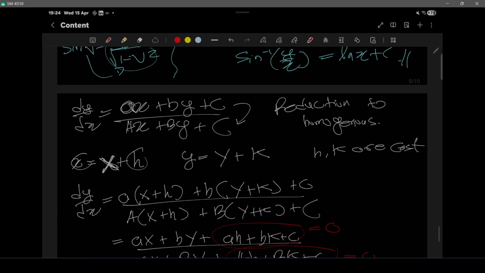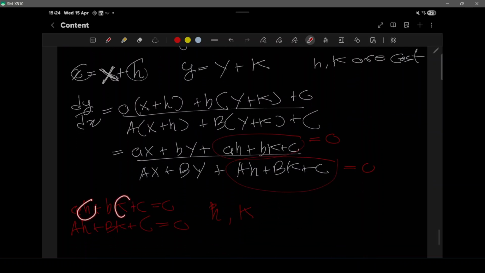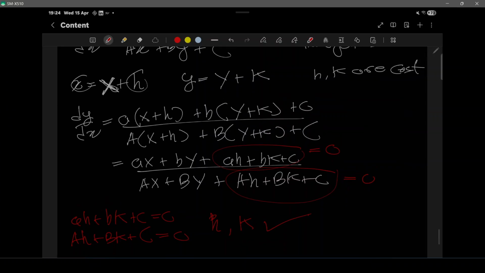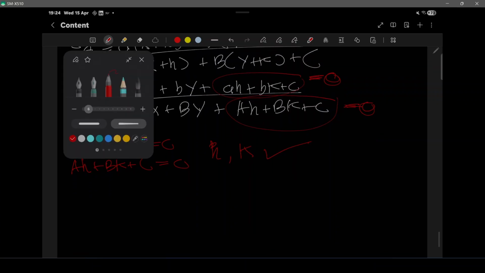So h and k are the unknowns, and we have to solve these equations to find them. If we find such h and k, this term here is equal to 0 and this term here is equal to 0.